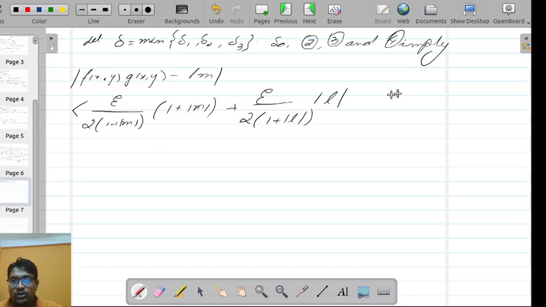This happens whenever mod of x minus a is less than delta and mod of y minus b is less than delta.